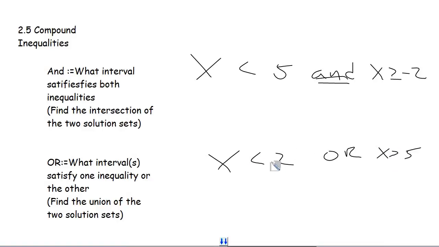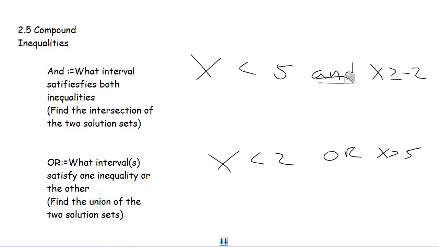I just want the numbers that are less than 2 or greater than 5. And so there are a lot of numbers that do that. There's -1, 0, 1, 1.5, 1.9, 1.99, all the numbers less than 2. And then all the numbers greater than 5, 6, 7, 8, 9, 10, and so on. They satisfy one or the other.